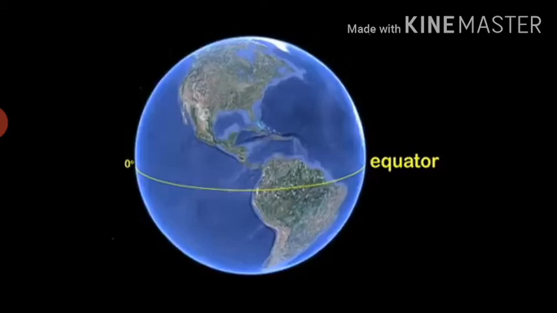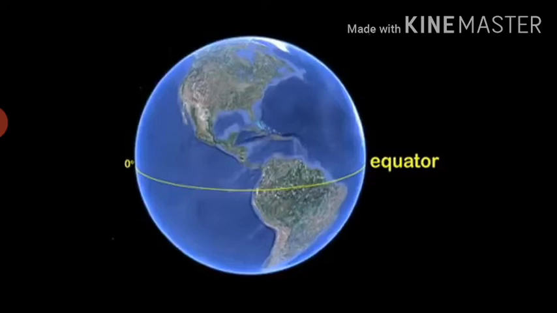The northern half of the earth is known as the northern hemisphere and the southern half is known as the southern hemisphere. They are both equal halves. Therefore, the equator is an imaginary circular line and is a very important reference point to locate places on the earth.